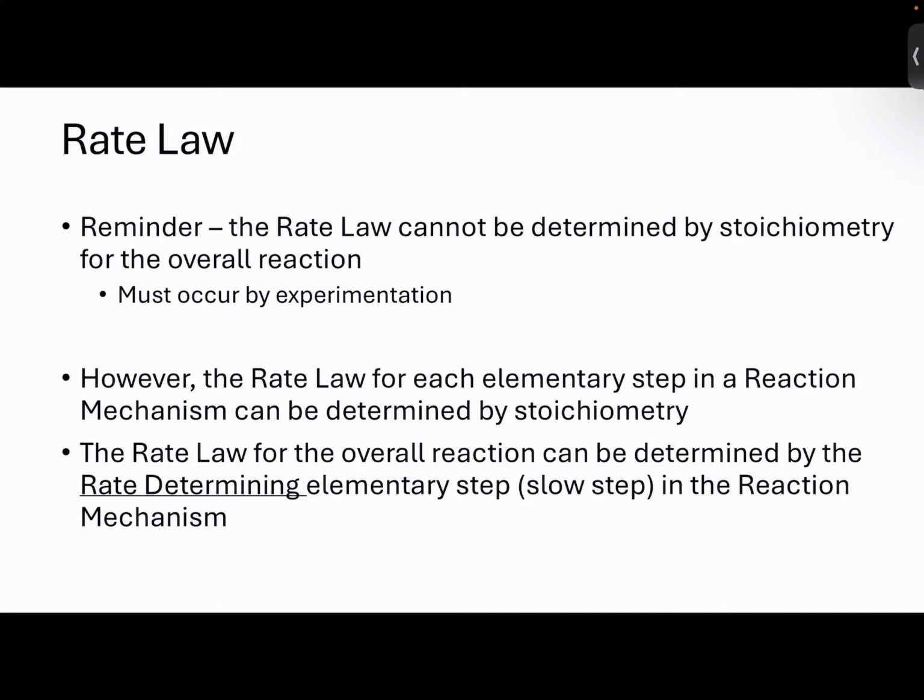But the rate law for the elementary steps can be determined by stoichiometry. The rate law for the overall reaction is going to be determined by the rate determining step, which is also known as the slow step in a reaction mechanism.